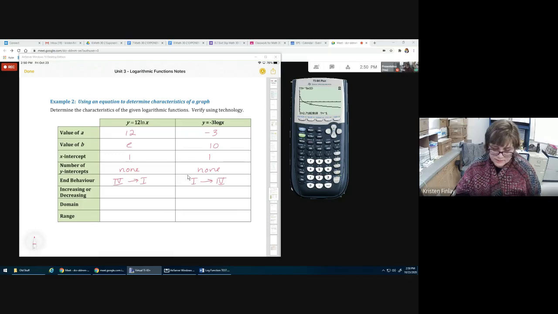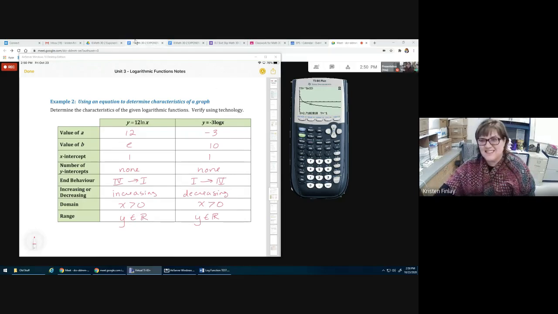Increasing or decreasing: we've got a positive value for a, so we're going to say increasing. Here we have a negative value for a, so we're going to say decreasing. Domain, x greater than 0, and the range y is in the set of reals. So let's test those and see if that is in fact the case.